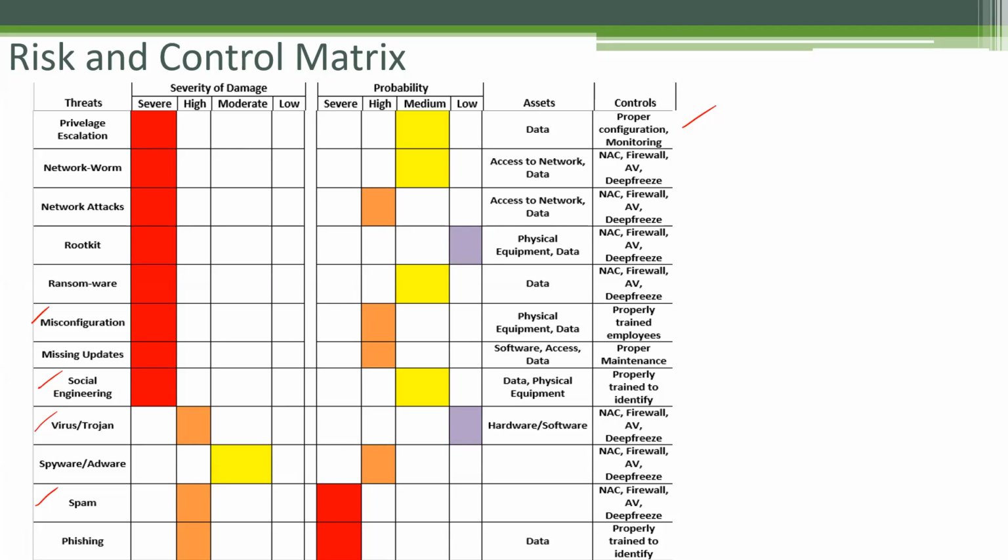This is a good starting point from which you can go into the more technical details. And here again, you just rate the severity of the damage and the probability of the event actually happening.